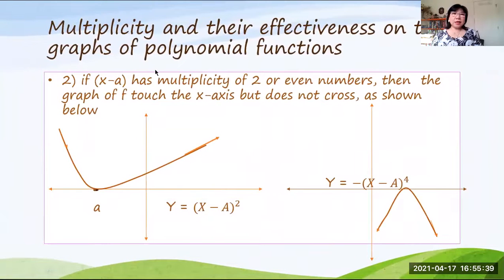For the next slide, I'm talking about multiplicity and its effect on the graph of polynomial functions. In this slide, you will see that if x minus a has a multiplicity of 2, or an even number, then the graph of f of x touches the x-axis but does not cross, as shown below.